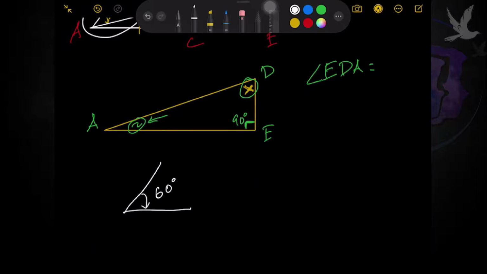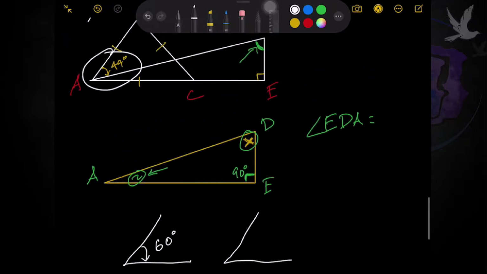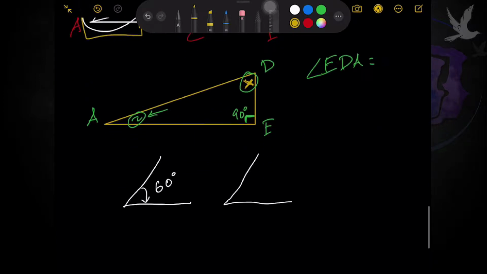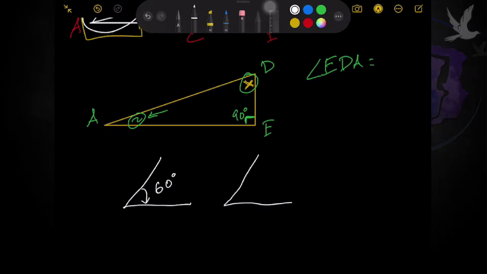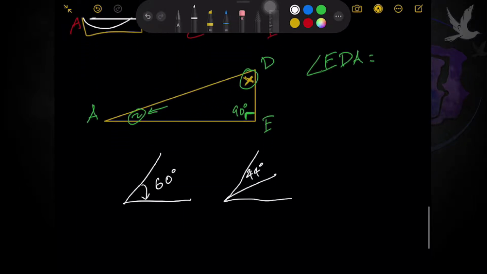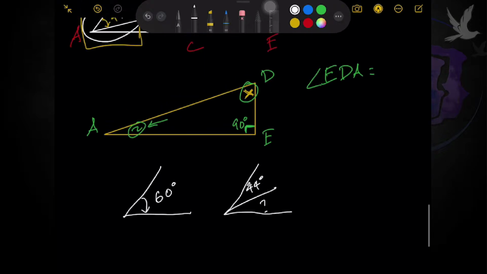Now, sa 60 degrees na yan, nagkaroon siya ng 2 parts ngayon. If you notice doon sa main illustration natin. Look, here. Nagkaroon tayo ng dalawang angles ngayon. One is 44 degrees and the other one is unknown, which is ito na yun siya, yung angle 2. Okay? Yan na yung angle 2 na yan.